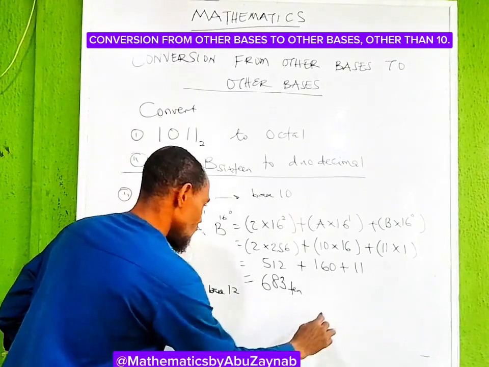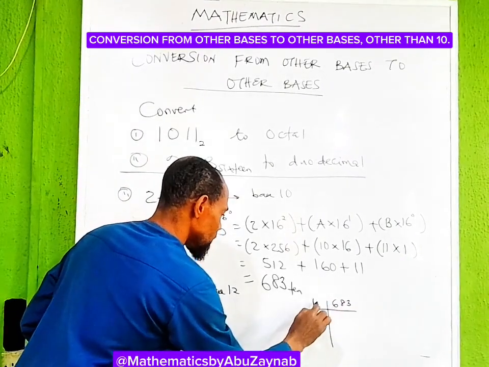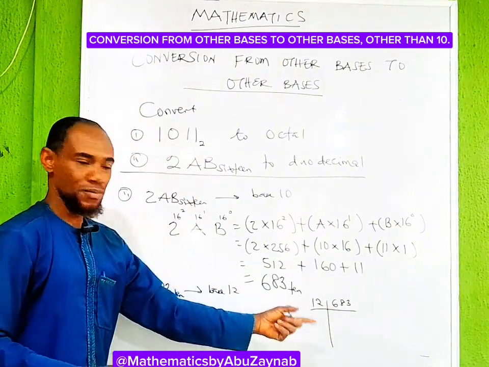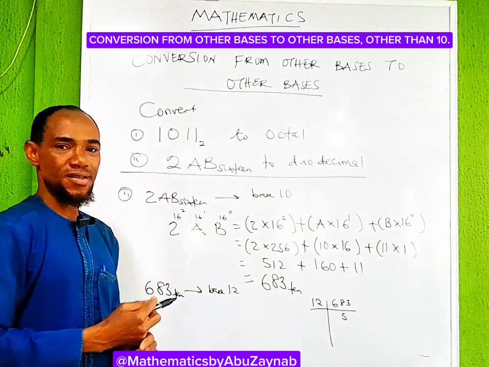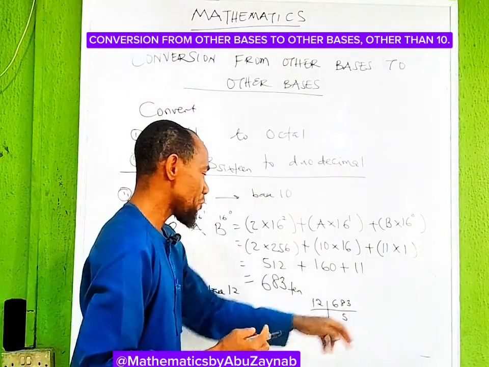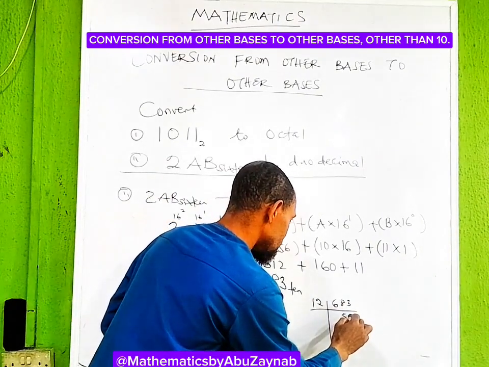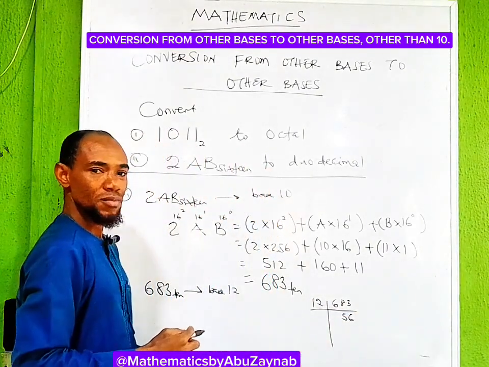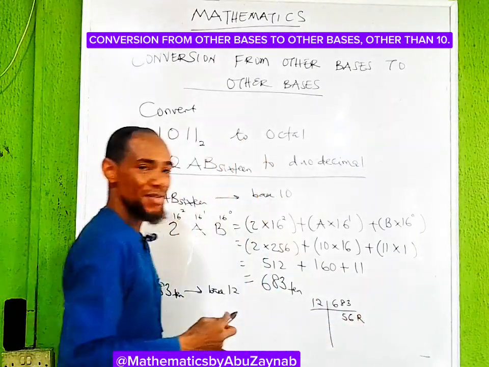How that goes is this. We are going to have this 683. You divide by 12 because we are going to base 12. So 12 in 68 is 5, remainder 8. Then in 83, 12 in 83 is 6, which is 72, remainder 11.